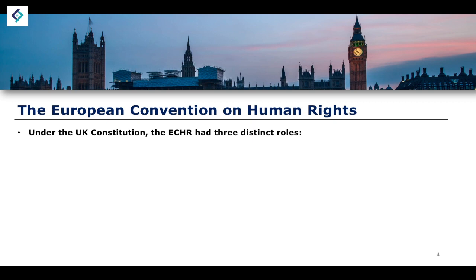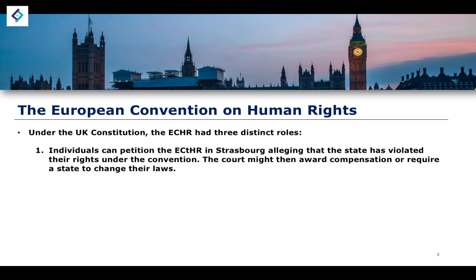But under the UK's constitutional framework, the ECHR has three distinct roles. On the one hand, an individual can petition to the ECtHR, the European Court of Human Rights in Strasbourg, alleging that the state, i.e. the United Kingdom, has violated their individual rights under the Convention.